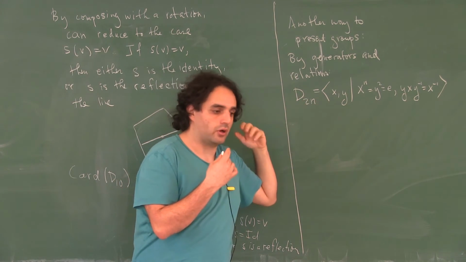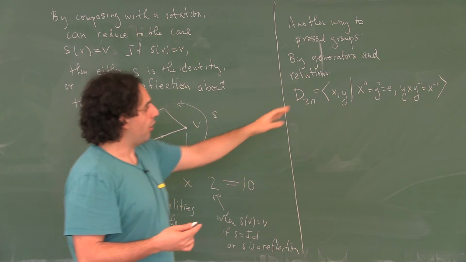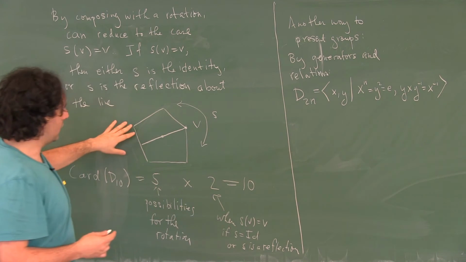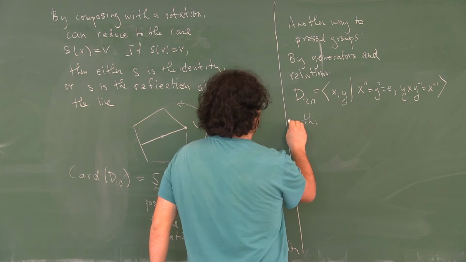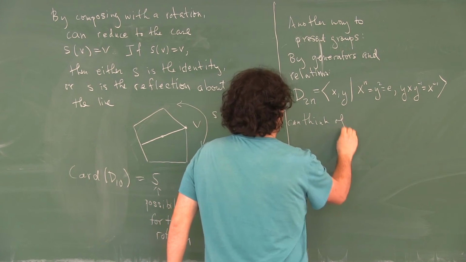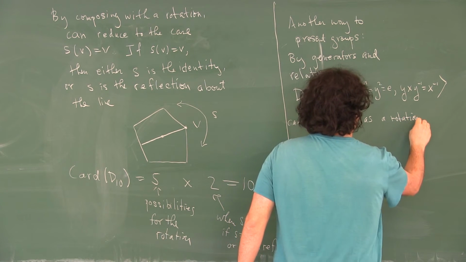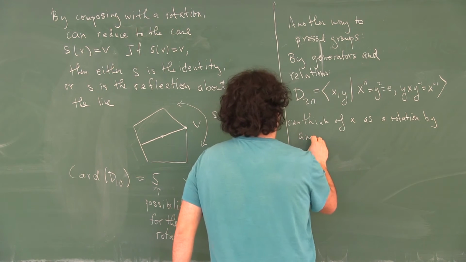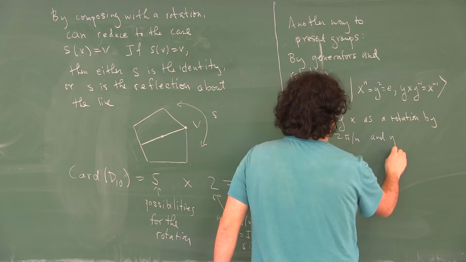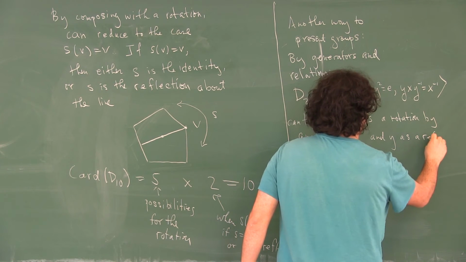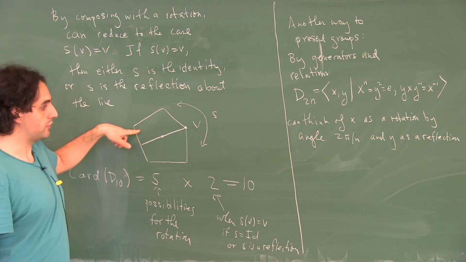We are not forced to give a geometric interpretation to x and y, although we can, because thinking over here, we can think of x as a rotation by angle 2 pi divided by n, and y as a reflection, like this reflection.